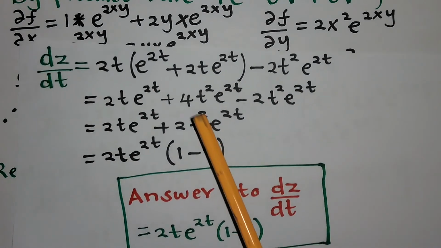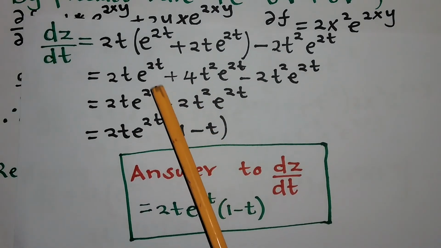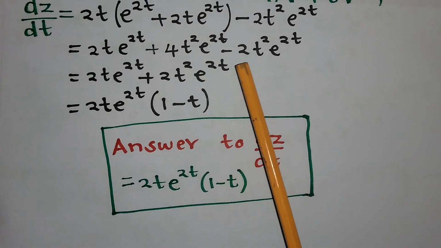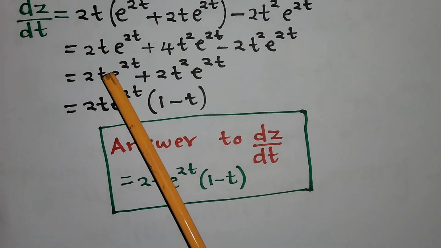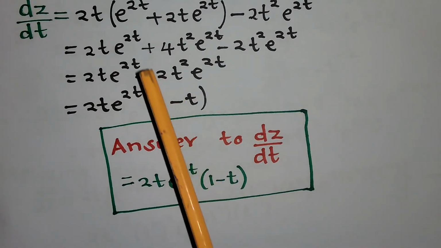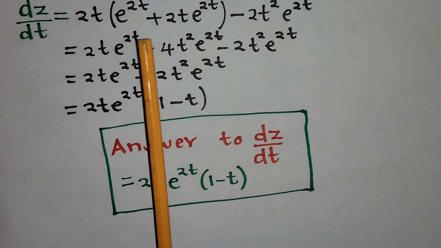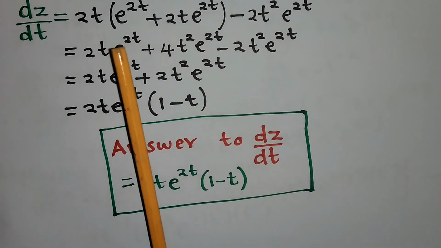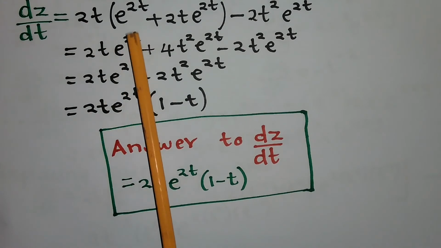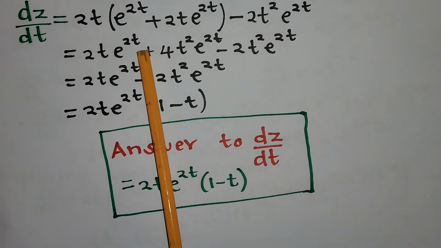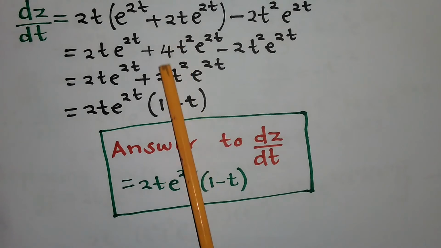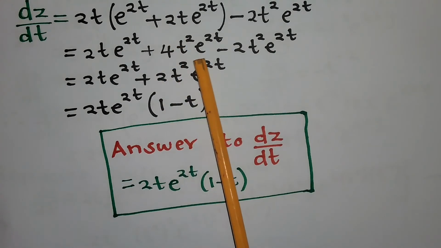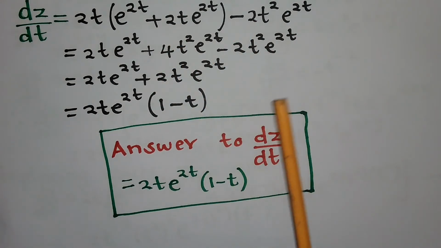So we're going to rewrite this by factorizing out what is common. Or first let's open the bracket to make it simpler. That is, this by this will be 2t exponential 2t plus 2 by 2 is 4. So you get this minus this.